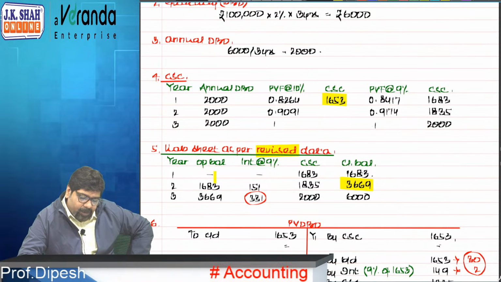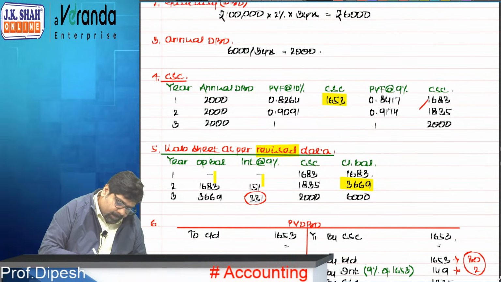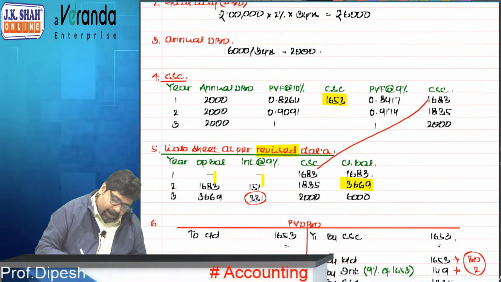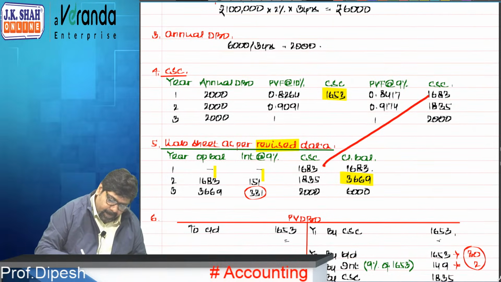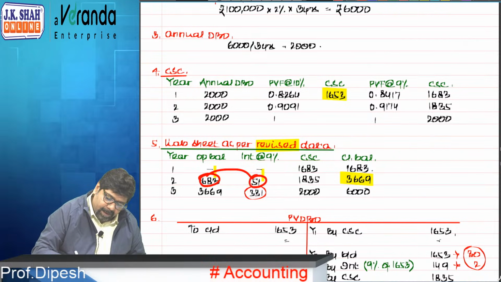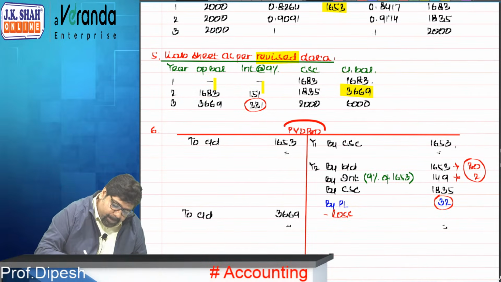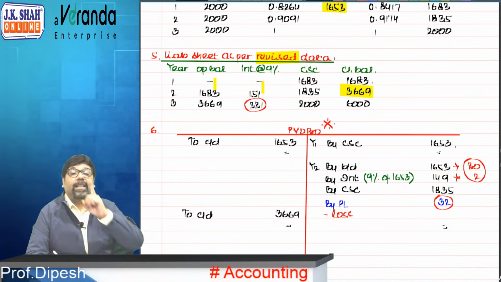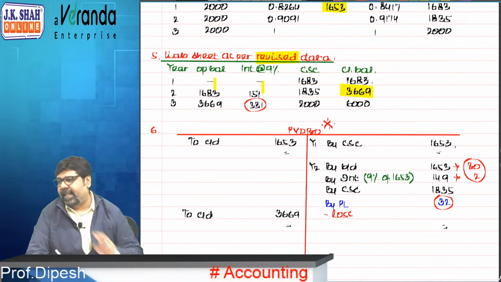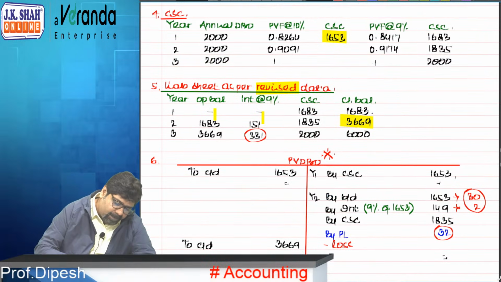Okay. So opening balance, revised data is 1683. Closing balance, opening balance, interest, again second year ka CSC, closing balance, it will go on. But when you are preparing PVDBO, you have to be fully alert, because your interest rate changed from second year. Opening balance you started with, first year you started with old CSC.